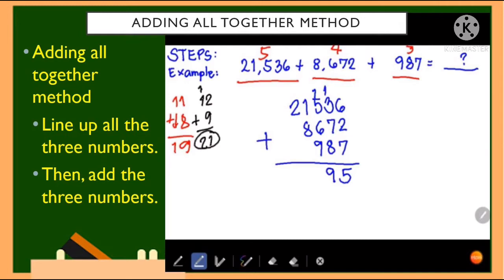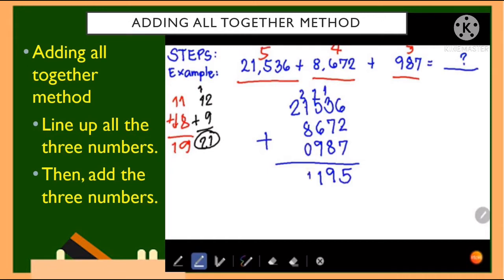So we have 21. So I will put 1 here, and then 2 up here. Correct? Yes. Then 2 plus 1. 3, okay? 3 plus 8. 11. 11 plus nothing. Okay, still 11.